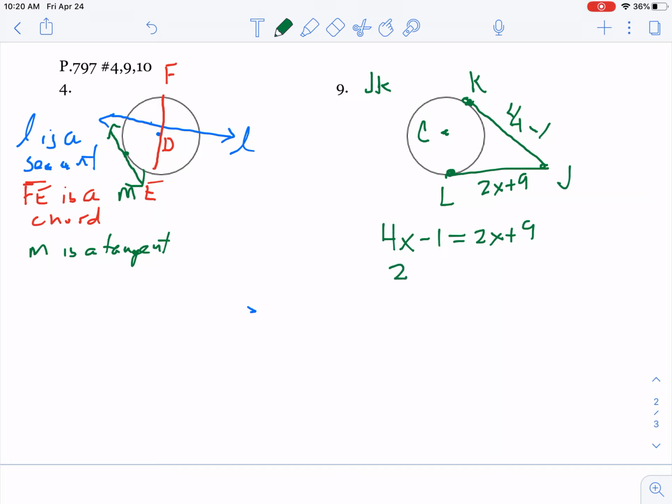We'll get a 2x on this side. Add 1 to both sides and you get a 10 over here. So you get x equal to 5. Now it doesn't say just find x, so you got to put that back in. So you're going to do 4 times 5 minus 1. That's 20 minus 1. And so you get JK equal to 19. That's our final answer.